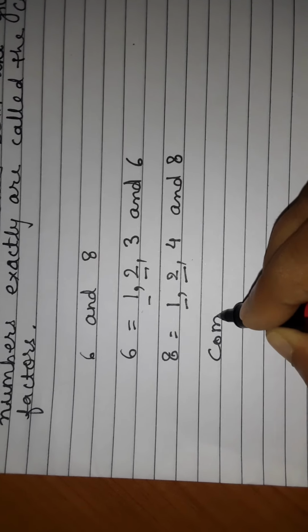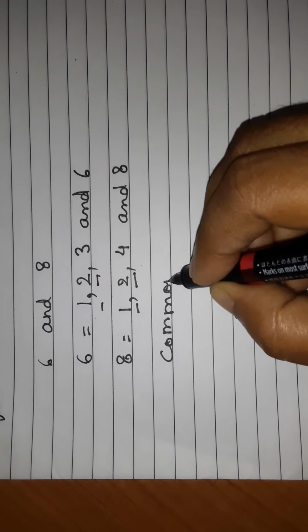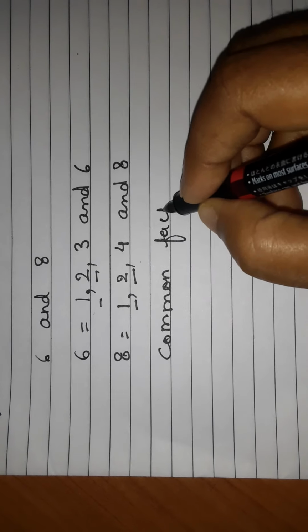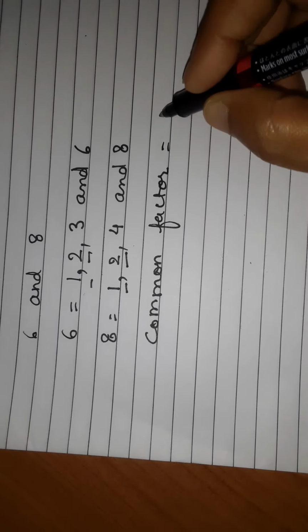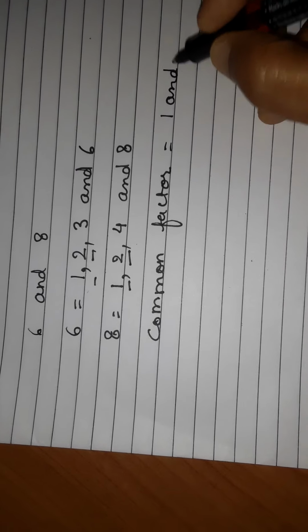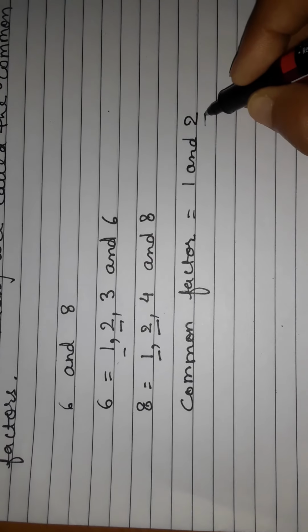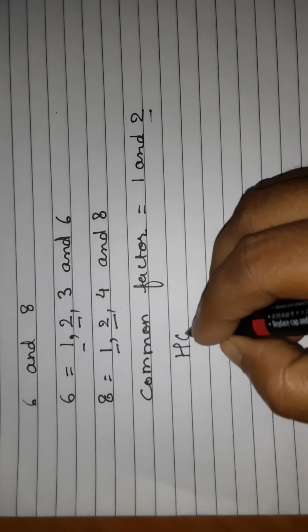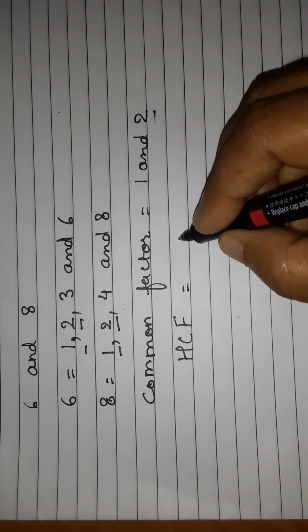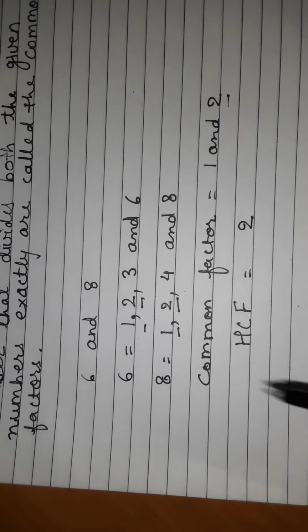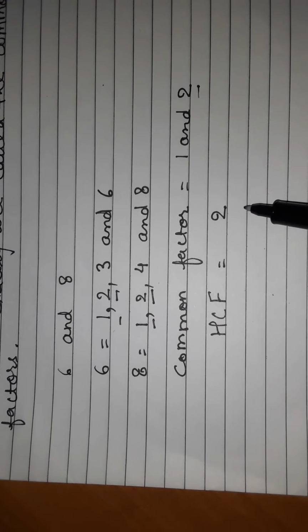So common factors is equal to 1 and 2. Now which is the highest common factor? 2. So HCF will be 2. Highest common factor for 6 and 8 is 2.